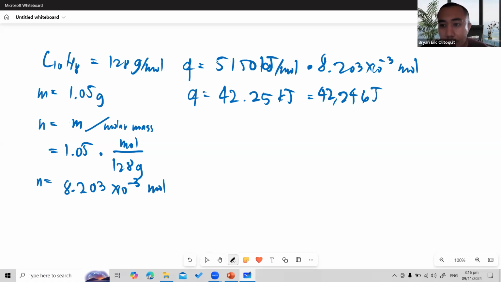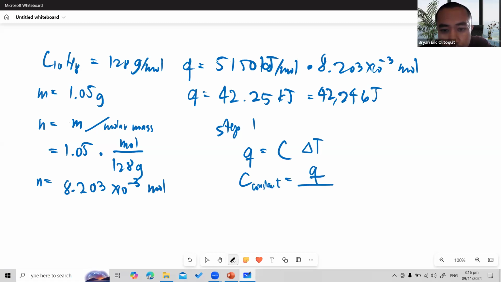So going back to step 1, the calorimetry constant. We said Q is equivalent to the calorimetry constant multiplied by the change in temperature. Manipulating this equation, the calorimetry constant is equivalent to Q divided by the change in temperature.